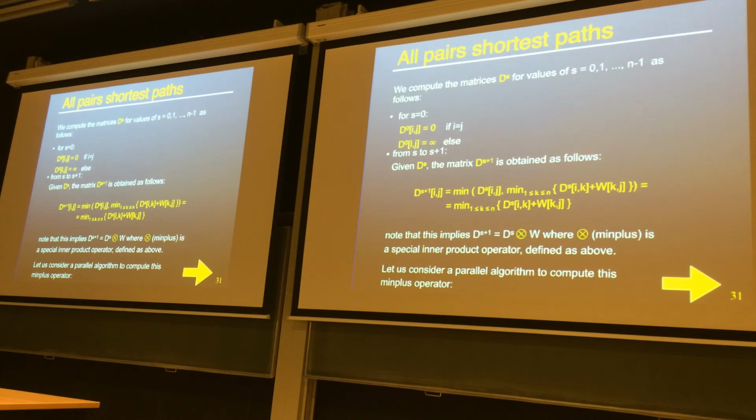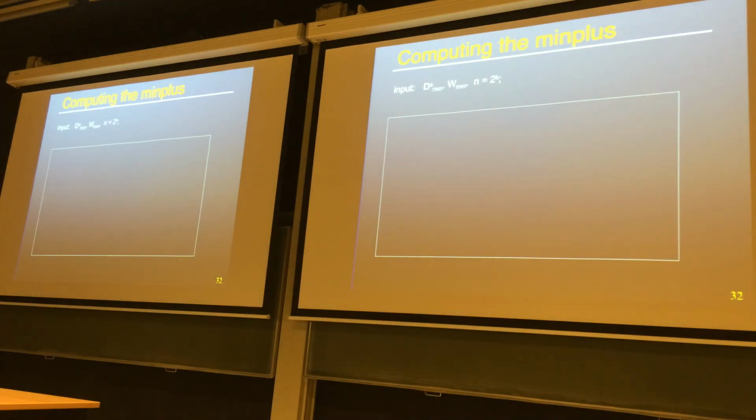So let's consider a parallel algorithm for computing this one, and then we get the following. For i, j and k between 1 and n, in parallel we produce the following. D prime ijk is DSIK plus WKJ. That means here we are forming the collection of all these sums, and we store them in D prime ijk.